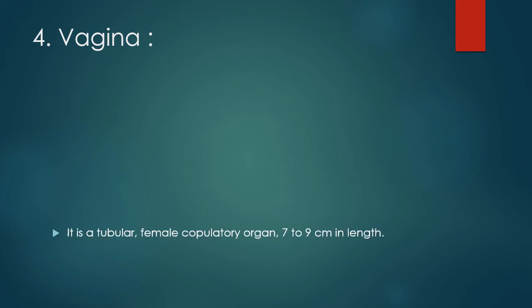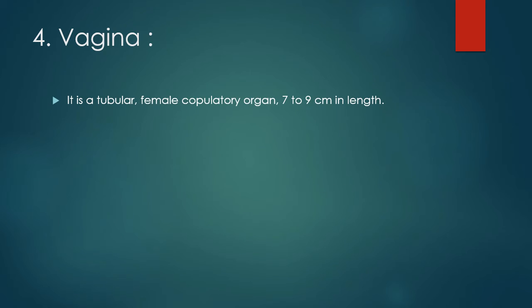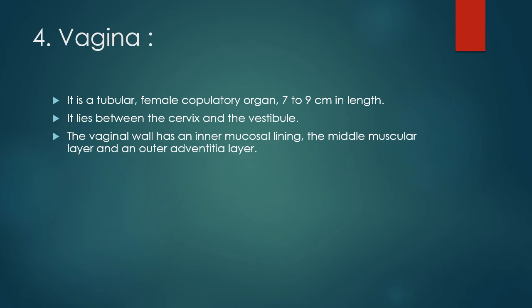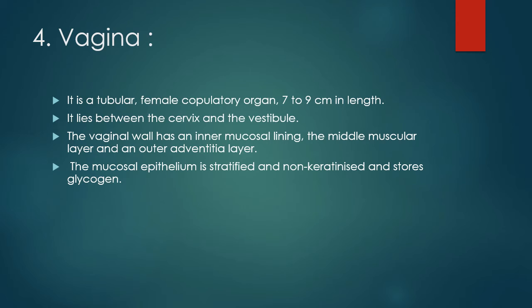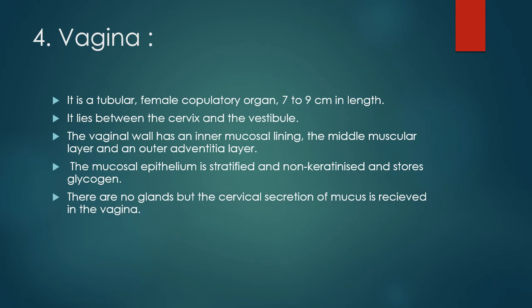The fourth part is the vagina. It is a tubular female copulatory organ 7 to 9 cm in length. It lies between the cervix and the vestibule. The vaginal wall has an inner mucosal lining, a middle muscular layer and an outer adventitia layer. The mucosal epithelium is stratified and non-keratinized and stores glycogen.